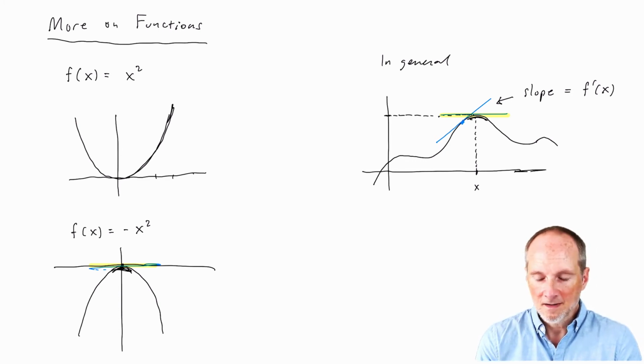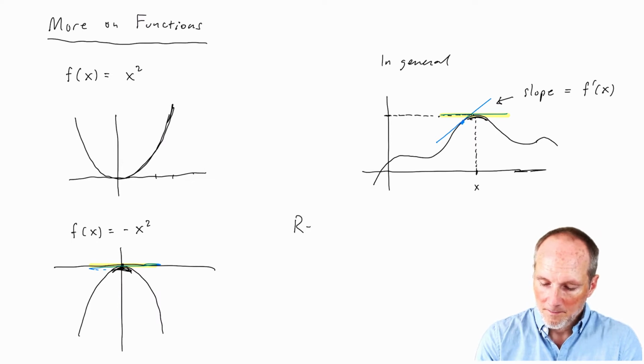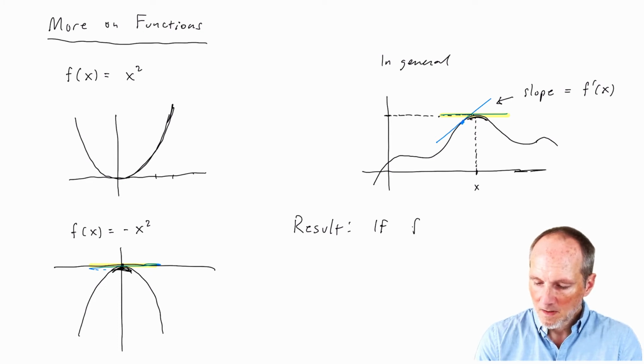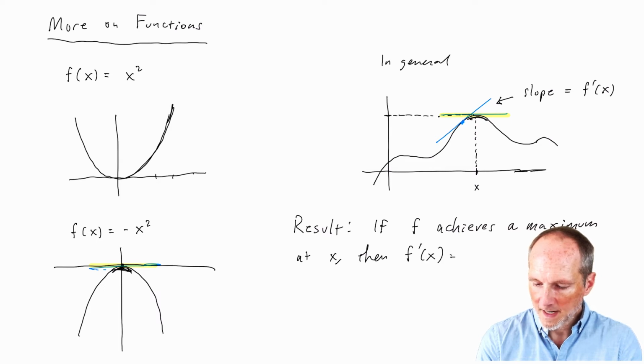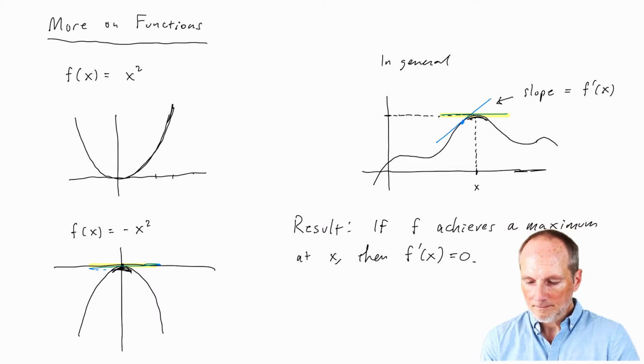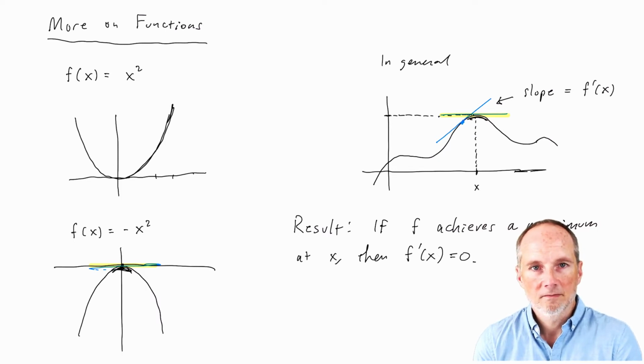I'm not going to state it in a very formal way, but the result is that if a function achieves its maximum at x, then the derivative of the function at x has to be equal to 0. All right, kind of a cool result.